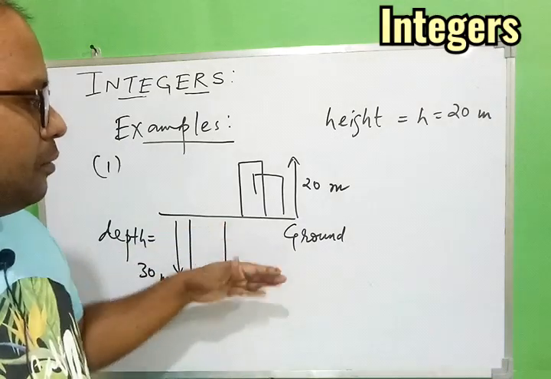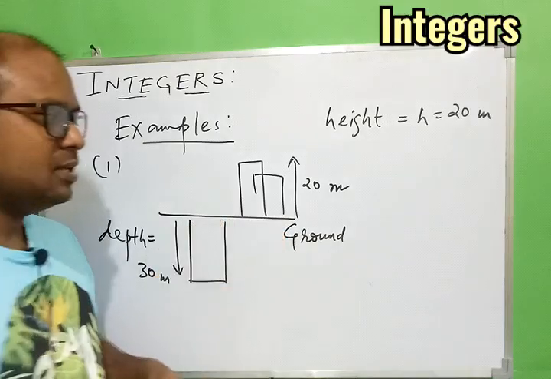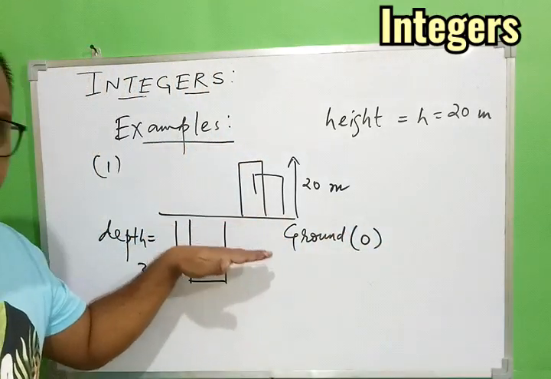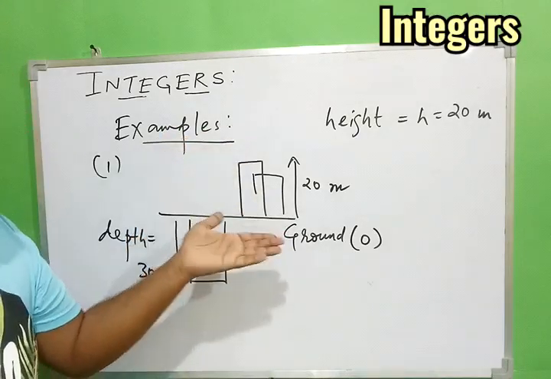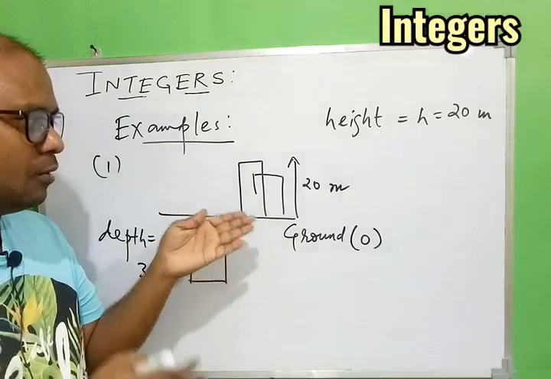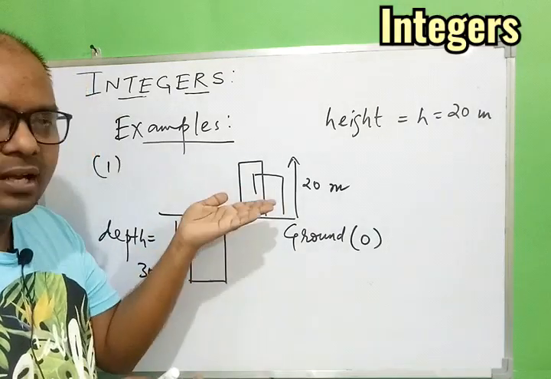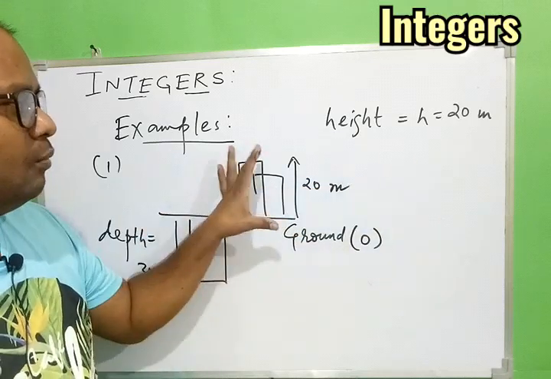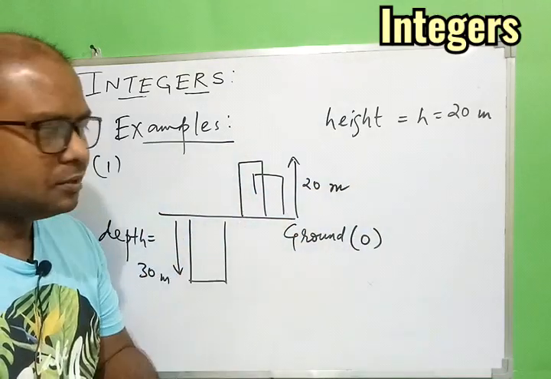So if we take ground as the 0 level, so ground is at 0 level, above the ground we can take it as positive number. If we are constructing something of some height above the ground, that height can be taken as positive number, so we express it in the form of positive integer.